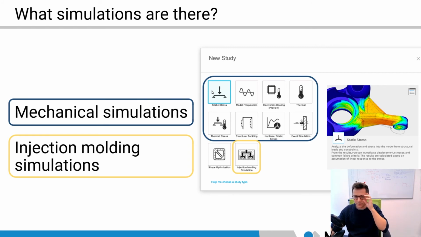We have many mechanical simulations, and some thermal simulations, also in combination with mechanical. And there's even event simulation inside the software already. So there's a lot to discover, and I think a lot of very useful features.